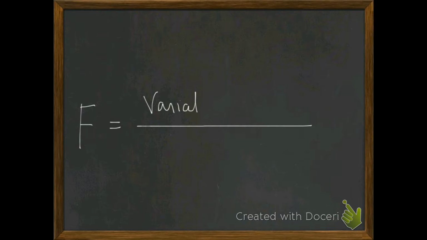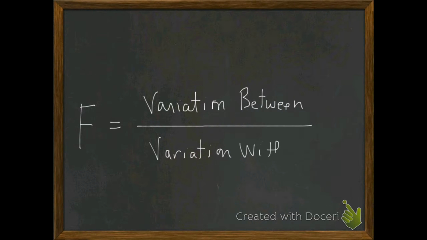So the F statistic actually comes in and analyzes the ratio of the variation between the distributions divided by the variation within the distributions. Well, he starts to give this some big old fancy names.